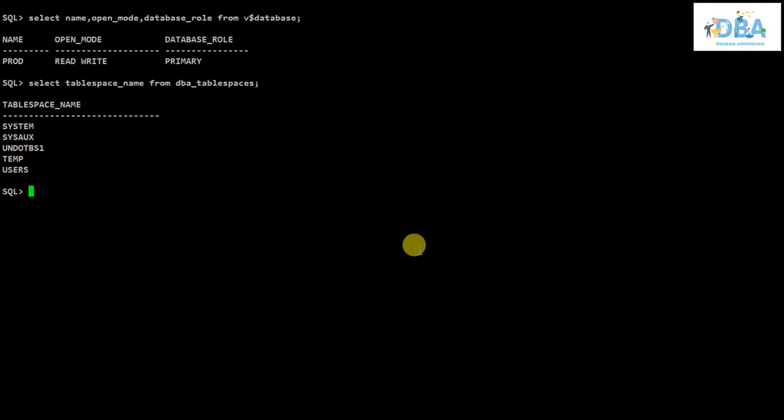It contains the data dictionary and tables that contain the administrative information about the database, and not all users can have access to this system tablespace. You cannot rename or drop this tablespace, and you cannot even take the system tablespace offline.